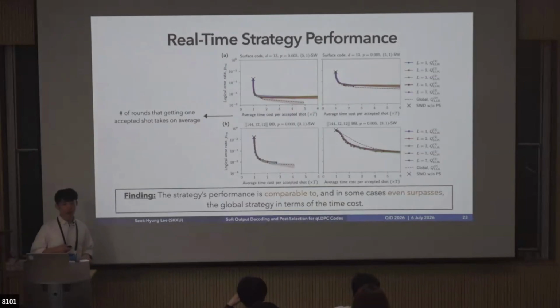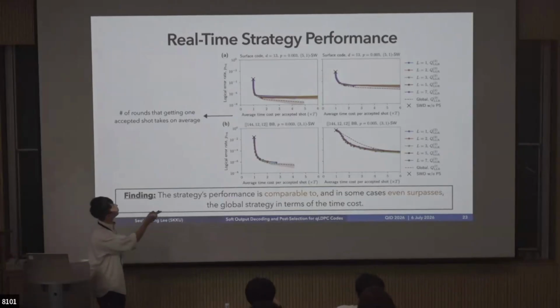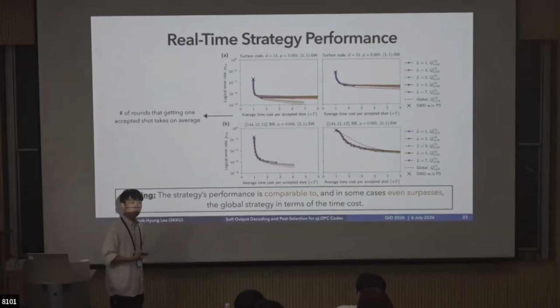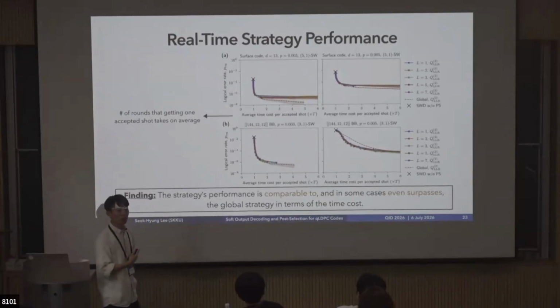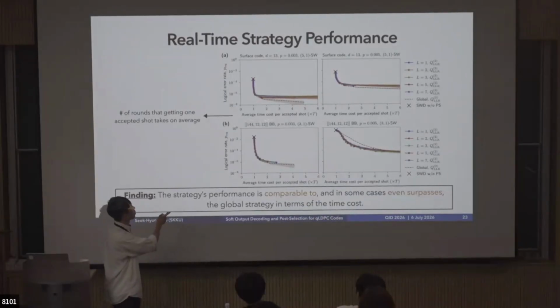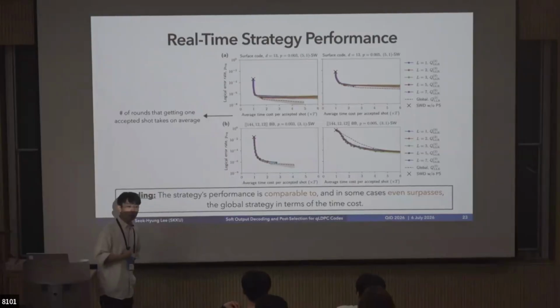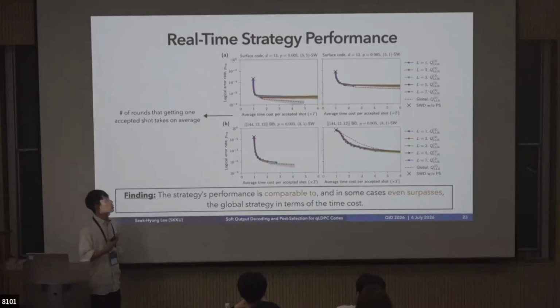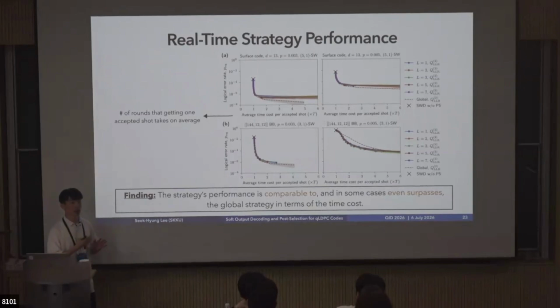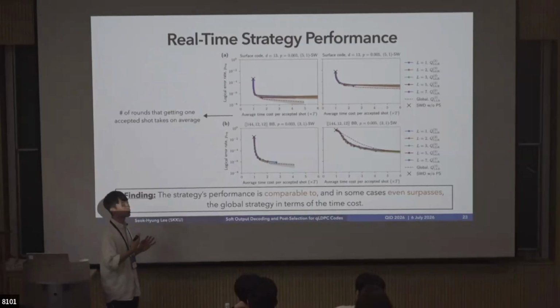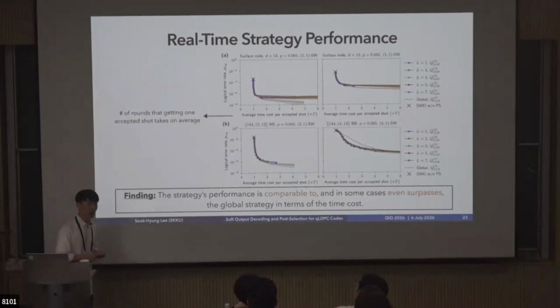Unlike in one of my previous slides, here the vertical axis is the logical error rate, but the horizontal axis is not the abort rate but the average time cost per accepted shot, which intuitively means: assuming that we repeat until we succeed, how many rounds we need on average to get one effective shot.